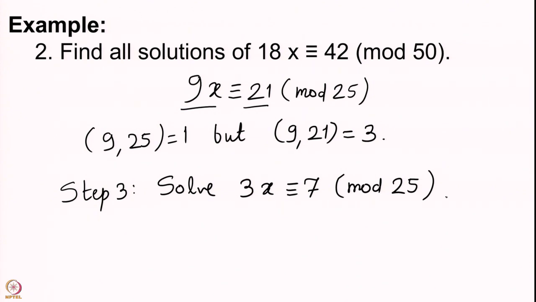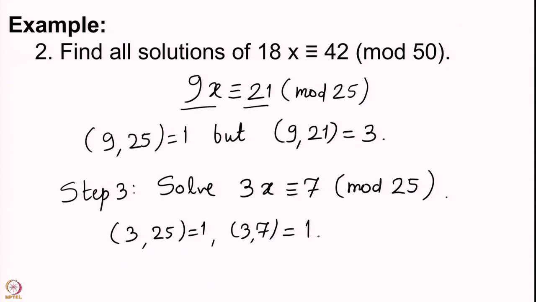So, we have reached this level. Here the GCD of 3 comma 25 is 1, and the GCD of 3 comma 7 is also 1. So, no further numbers can be cancelled, and therefore what we do is apply a small trick.